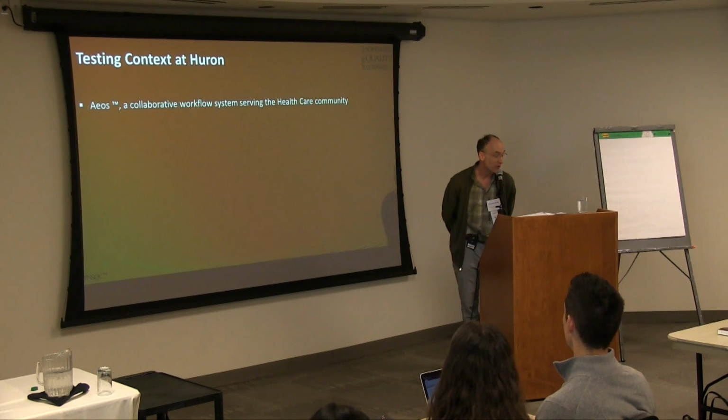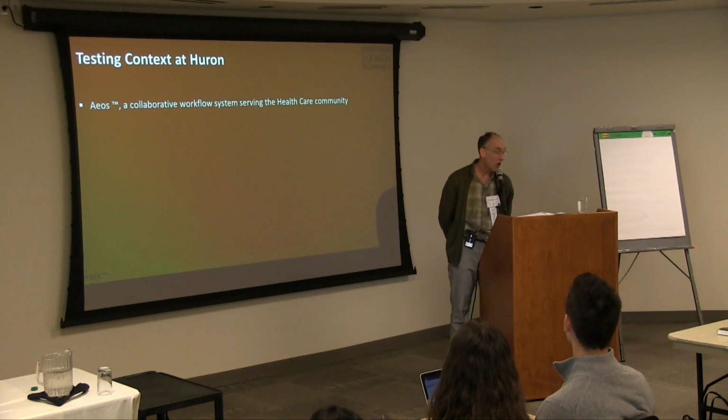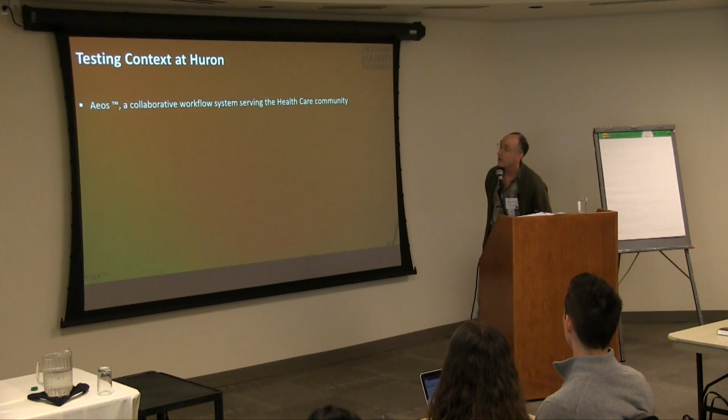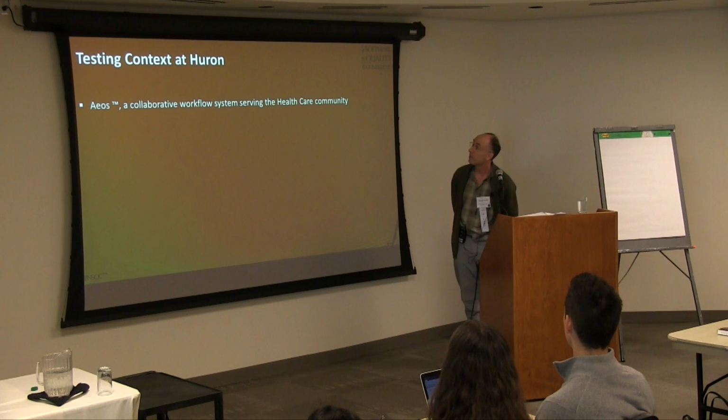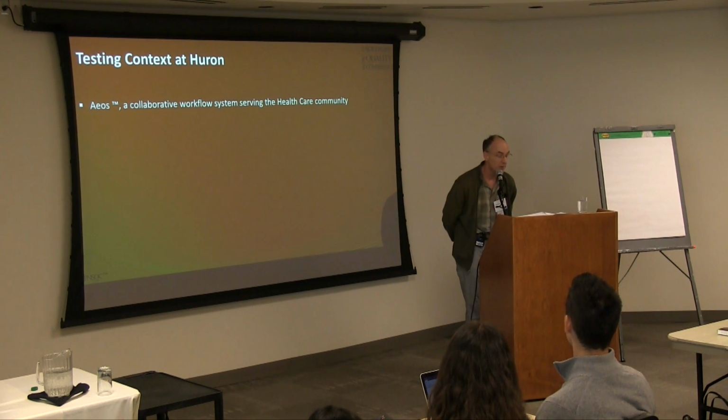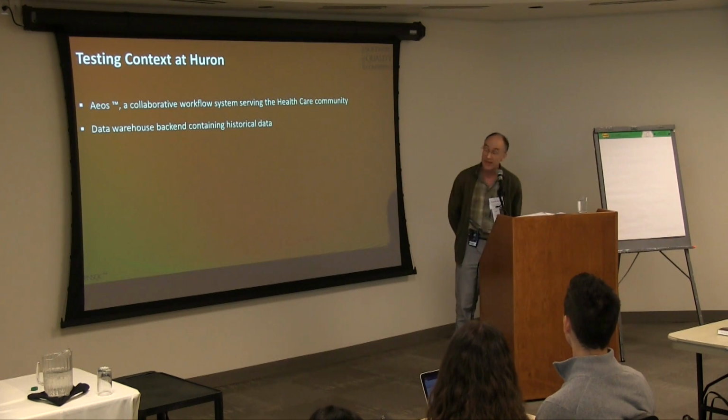So at Huron Consulting, we have a system called AOS, which is a collaborative workflow system serving the healthcare community, basically with the idea of bringing revenue into the hospitals to make them financially solvent. It has a data warehouse back-end collecting historical data.